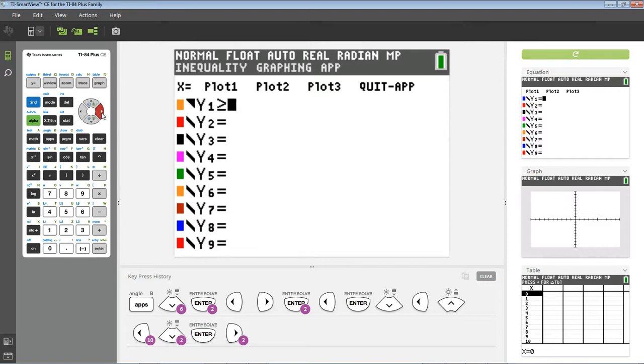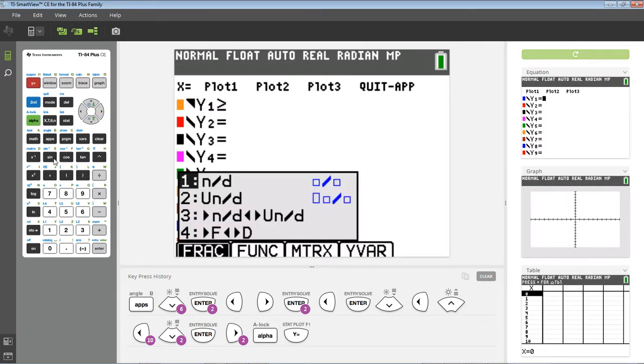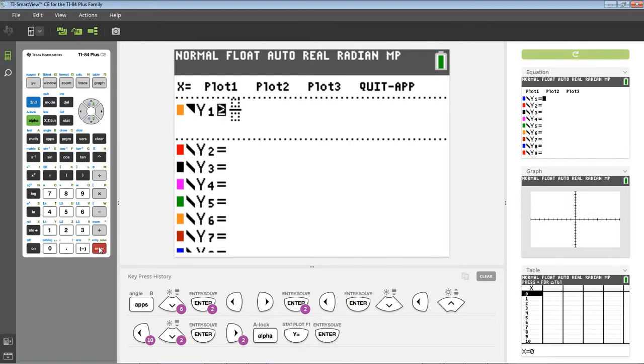All right, now we have that done, and we can just type in the inequality that we were given, which was 2/3 x minus 2. So if you really want to type this in to look exactly like what we solved for, you can hit alpha y equals and then hit Enter for n over d notation.